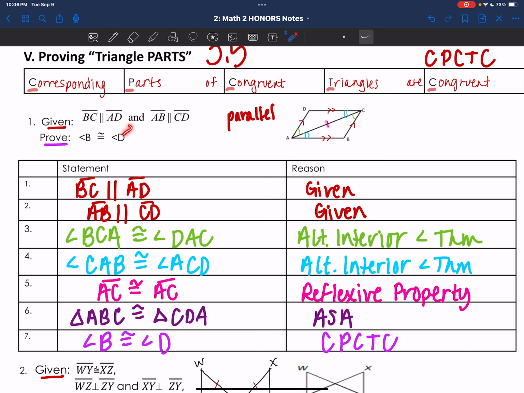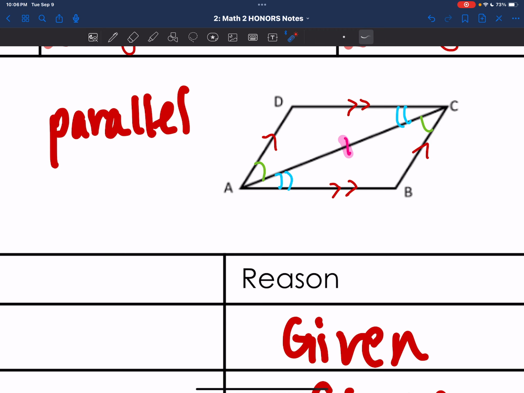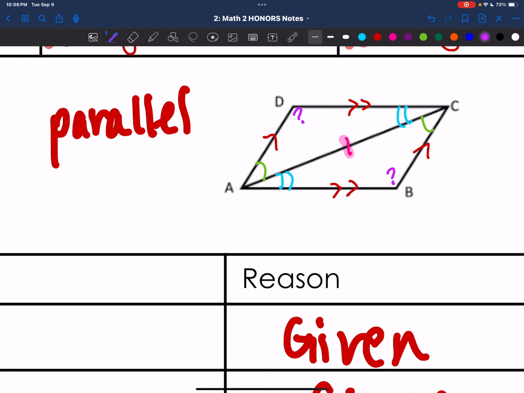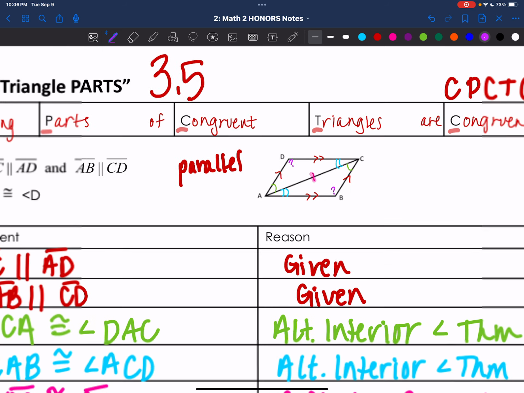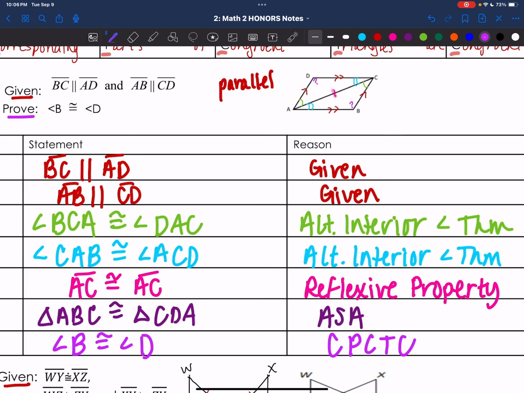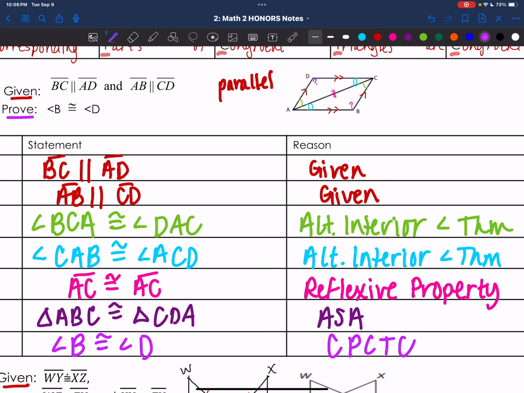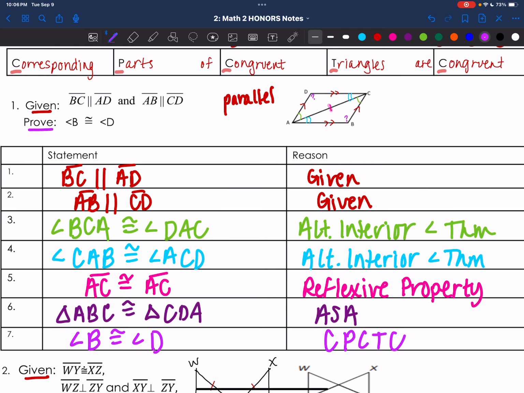But lastly, remember, we're not proving the triangles, we're proving that angle B is congruent to angle D, because that's what we're looking for. So we know that those two are congruent because all of the corresponding parts of the congruent triangles are going to be congruent.